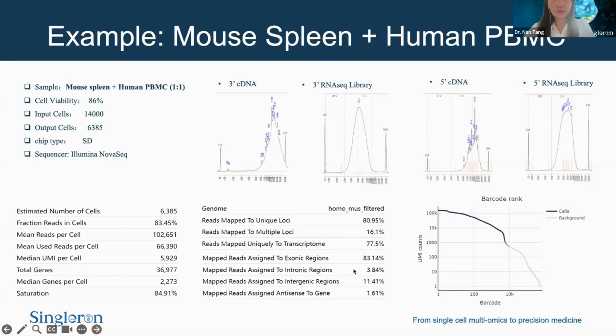And I would also like to bring your attention to the middle panel, where if you look at the percentage of those reads that are assigned to exon region, you can see, probably compared to some other standard methods, in the MobiuSCOPE methods, we do have the advantage that a high percentage of the reads are accurately mapped to the exon regions, meaning that we are capturing the real mRNA reads instead of maybe some aberrant intra or intergenic priming products.